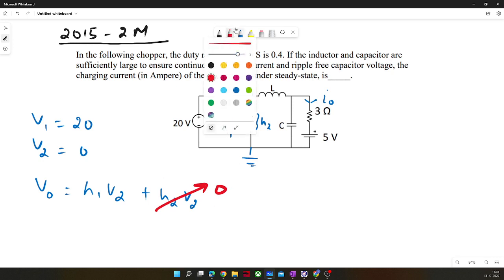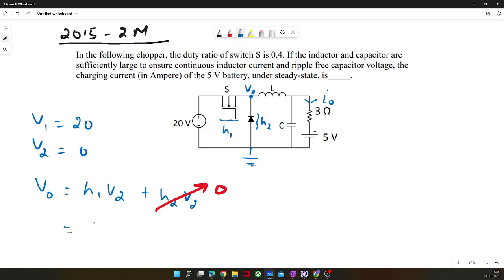Now I need to find H1, and the H1 average value is the duty ratio of the switch S, which is given as 0.4, so you can directly take 0.4 times V1, which is 20. If you calculate, it will come out to be 8 volt, fine.